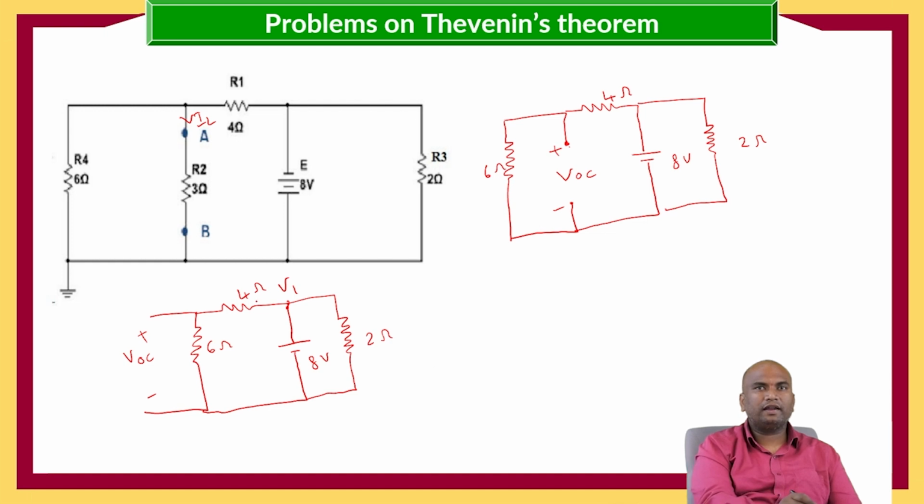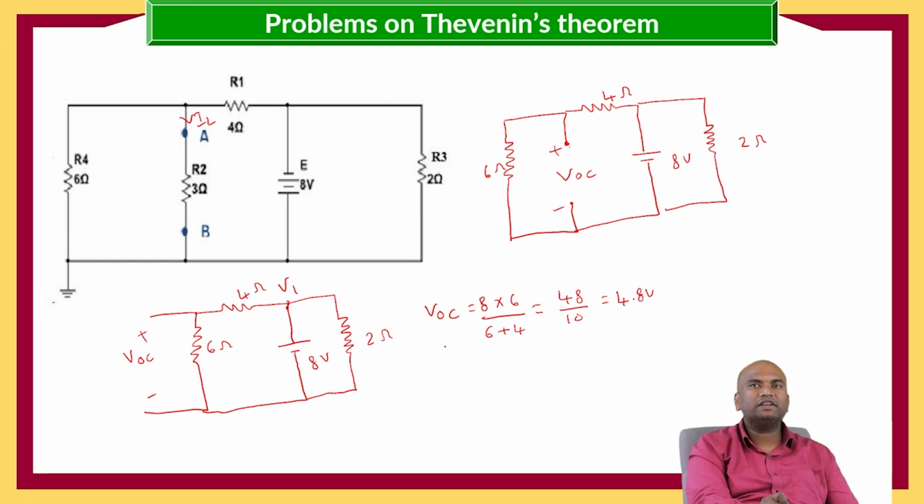So when they are connected in series, the voltage will be divided. So VOC is equal to 8 into 6 by 6 plus 4, that is equal to 48 by 10, which is 4.8 volts. This is the open circuit voltage and the value we got is 4.8 volts.